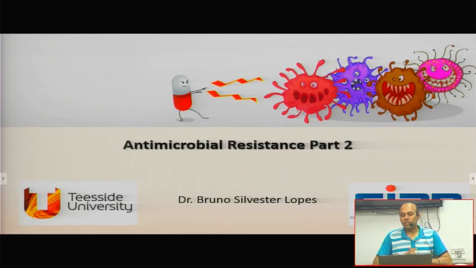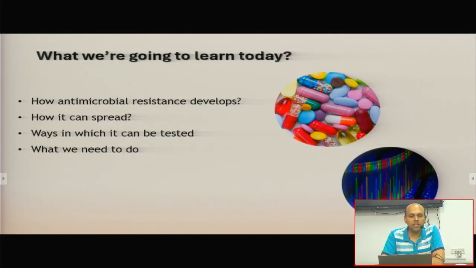So, we will start with antibiotic resistance part 2. We learned in the previous one what the mode of action of some antibiotics is, what they do, the wonderful things that these wonder drugs, as they are called, or silver bullets, as they are framed, do in saving lives.